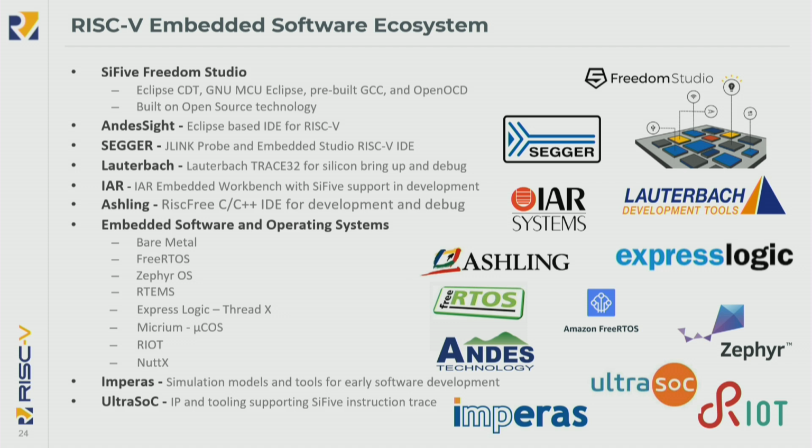Similarly, there has been other work done for the OS as well, but I will get into that a bit later. And as you can see here, now there are over 10 different corporations supporting RISC-V.